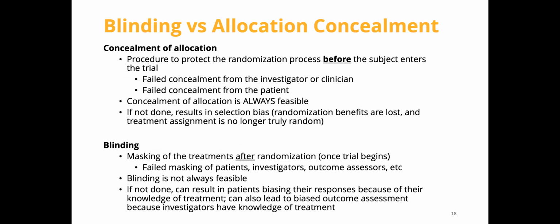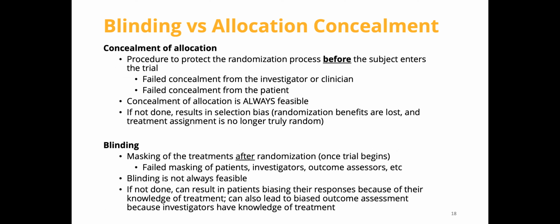There's an important distinction between blinding and allocation concealment, and students get a little bit confused about this, but it's important to remember that the concealment of allocation is a procedure to protect randomization before the subject enters the trial.